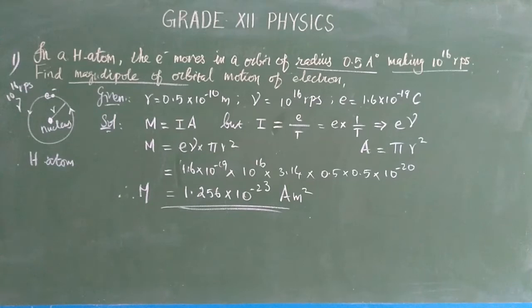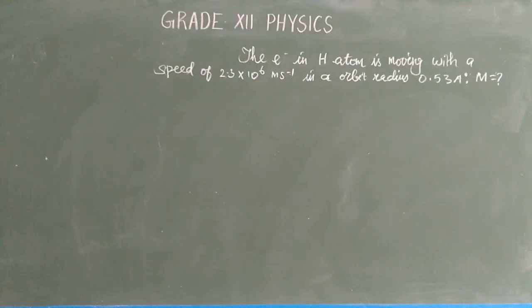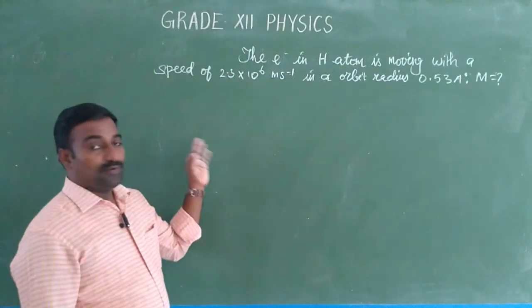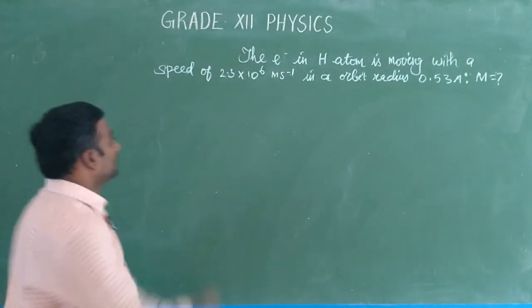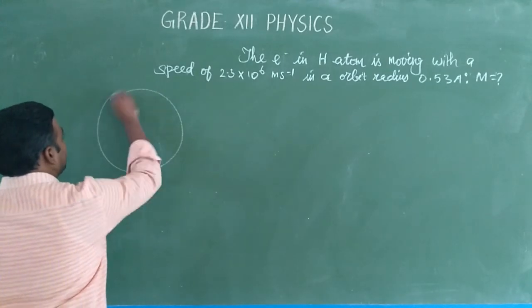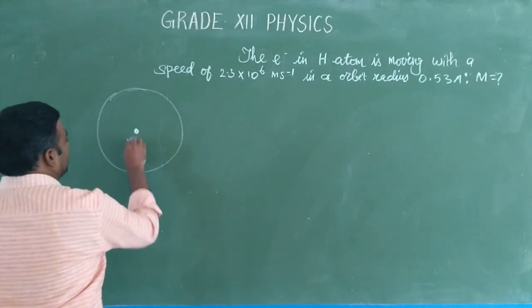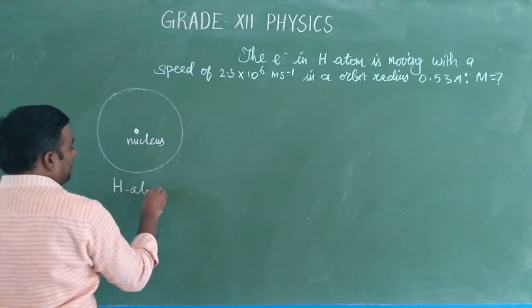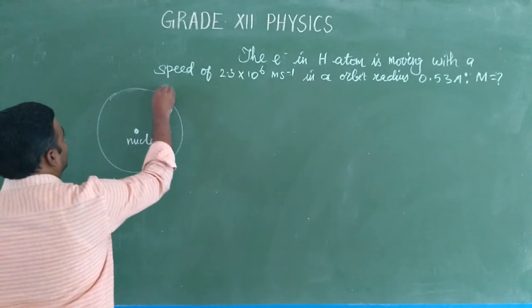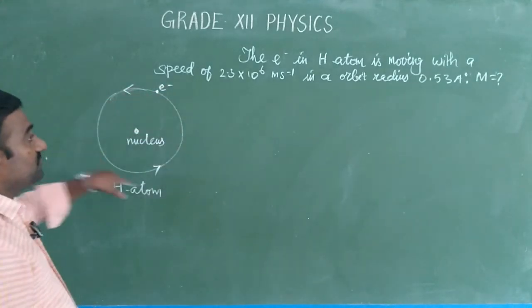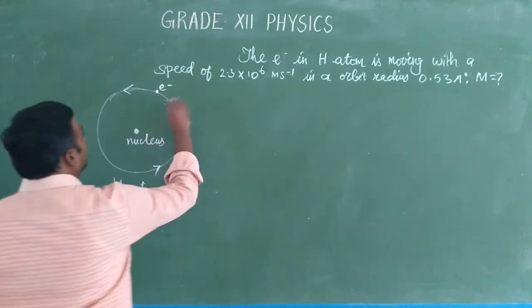Now another question we are going to discuss, the same as the first question. In the previous question, we found the magnetic dipole moment. Same as before, there is an atom. This is the nucleus of a hydrogen atom, and an electron revolves around this nucleus.